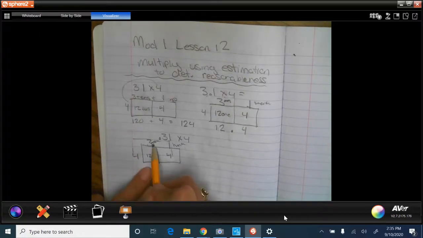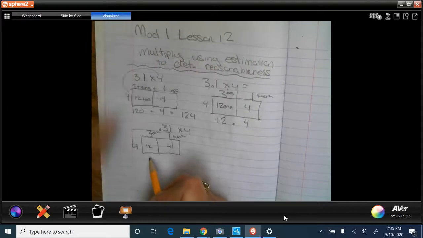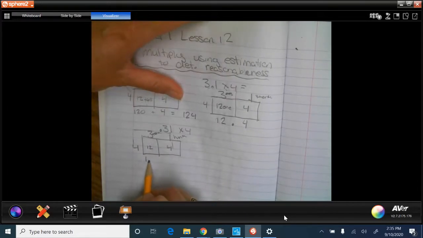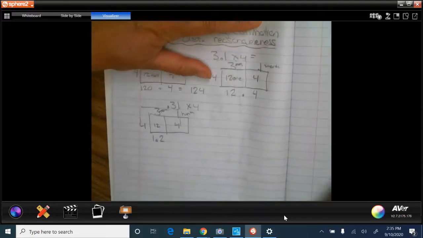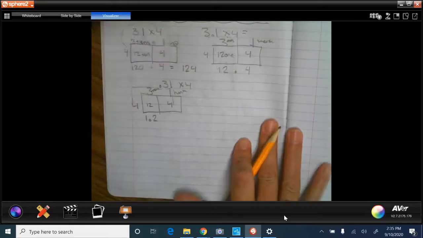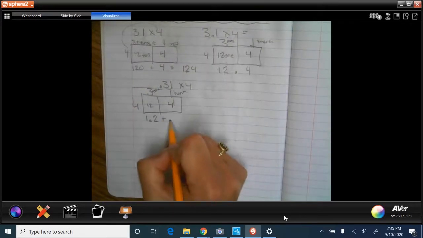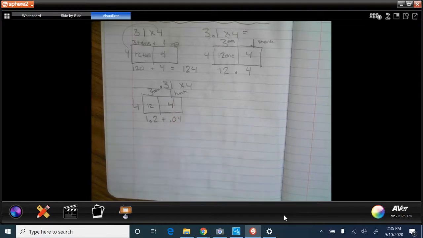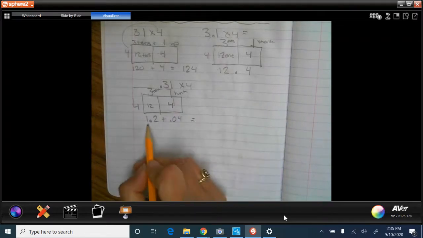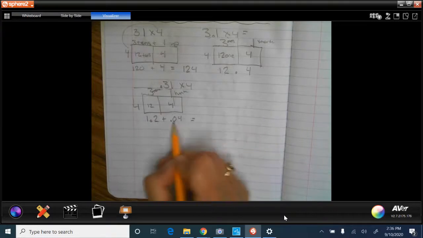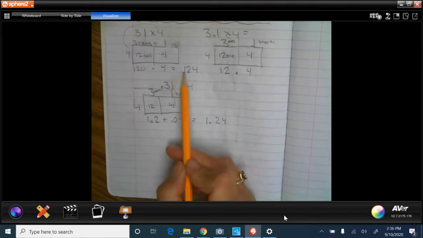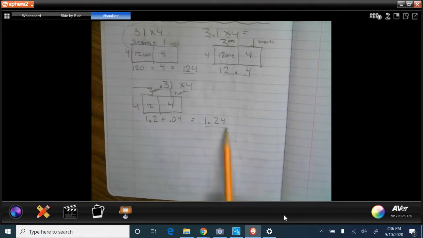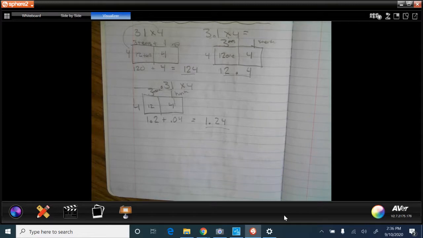So this is 12 tenths. Well, 12 tenths actually looks like that, doesn't it? Because the 2 has to be in the tenths place and the 1 would be in the ones place. Let me fix my page so you can see it good enough. And then this is actually 4 hundredths. If I added 12 tenths plus 4 hundredths, my answer would be 1.24.